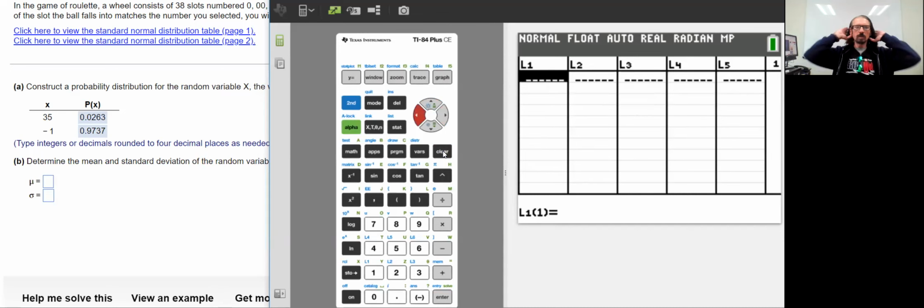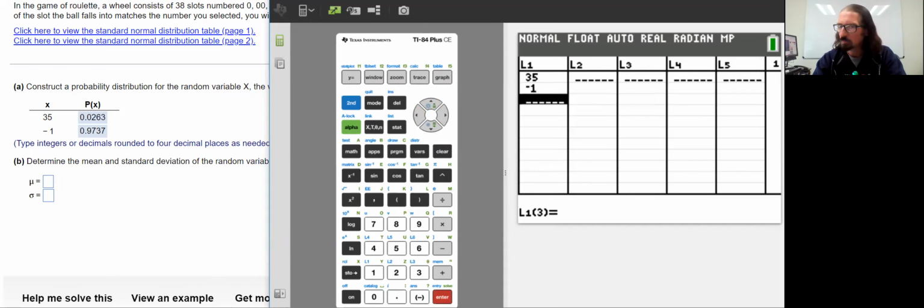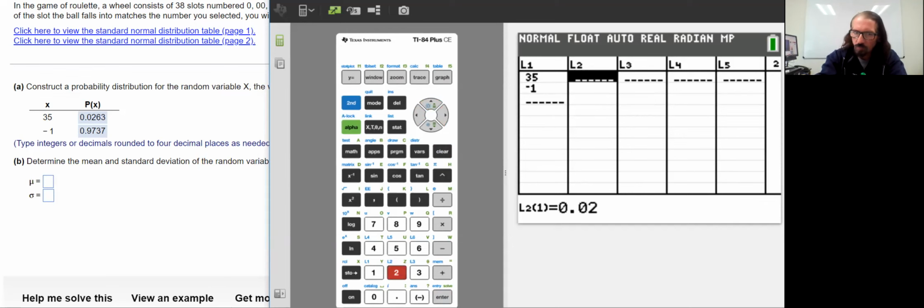Looks like we've got a discrete random variable here, 35, -1, probabilities of 0.0283 and 0.9737.